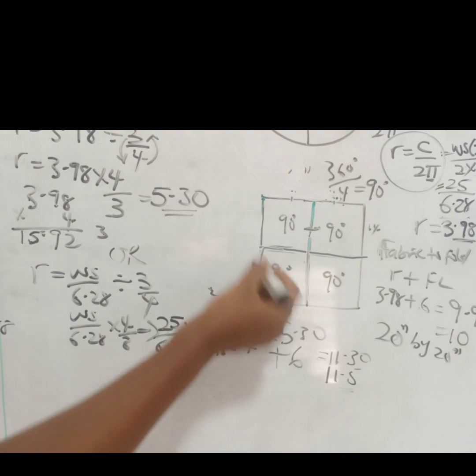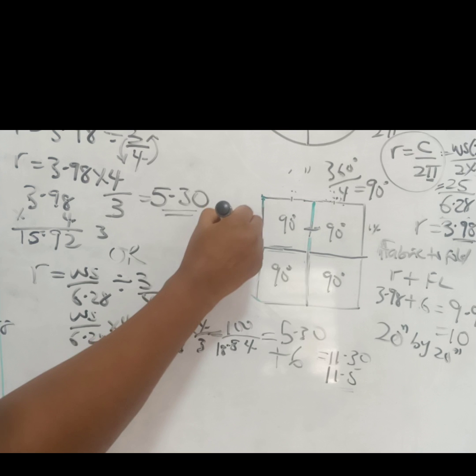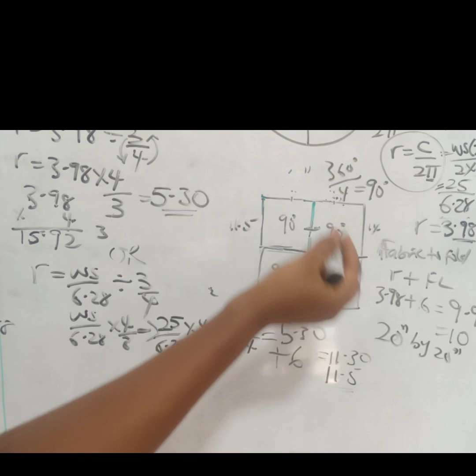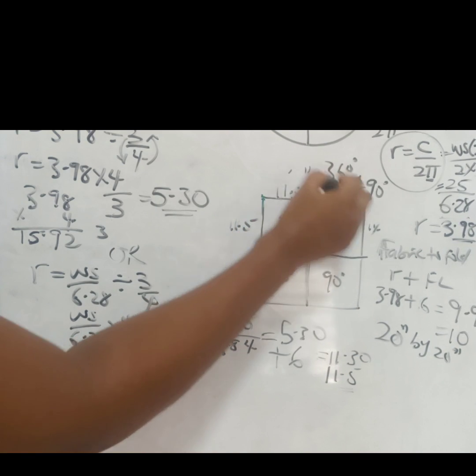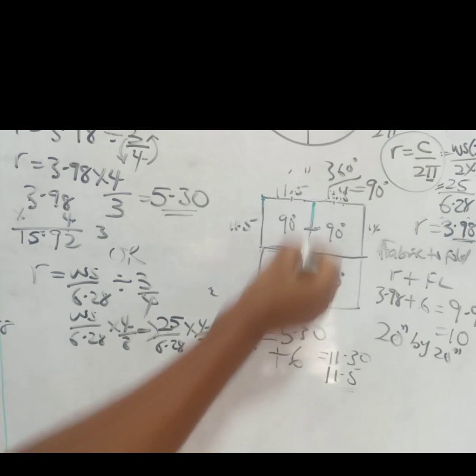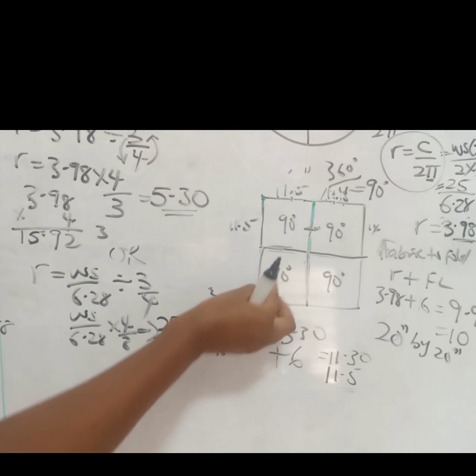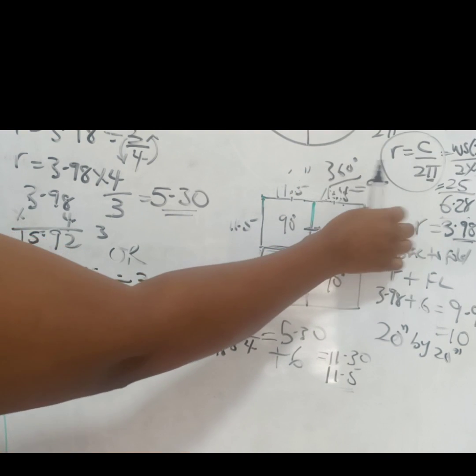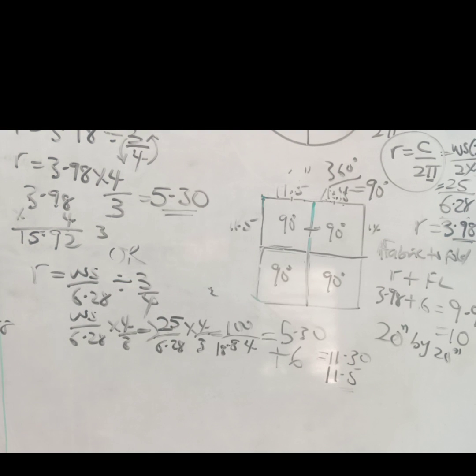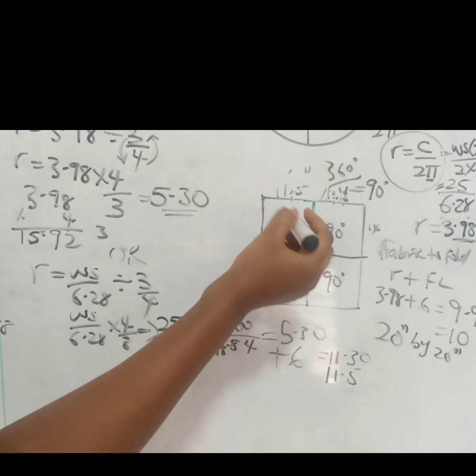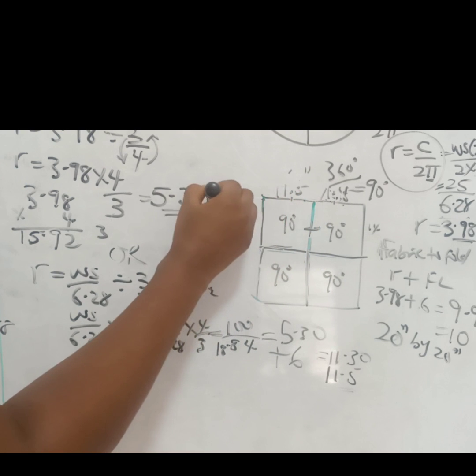So here is supposed to be 11.5, 11.5, 11.5. So we can simply bring this and add it here. Okay, so in that case, we now have another one like this.